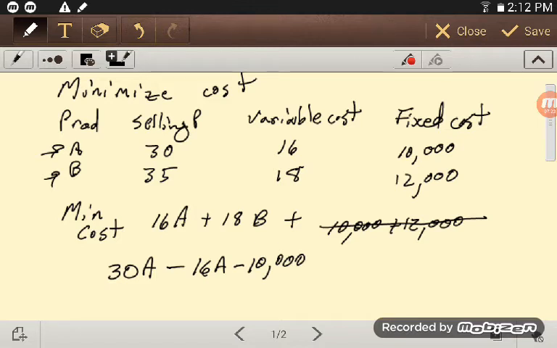Now, I have to look back at the problem, because here I'm looking at a break even for product A, but there's a question, do I want to break even overall? In other words, can I make money on A and lose money on B in order to minimize my cost? Or do I have to break even on both of them?